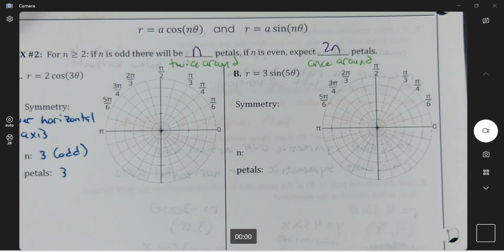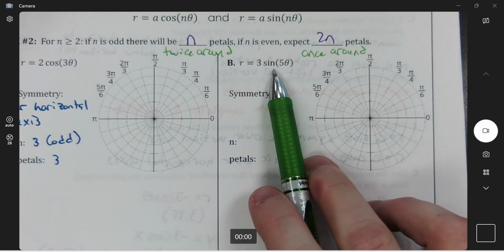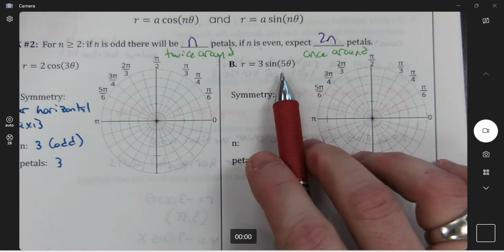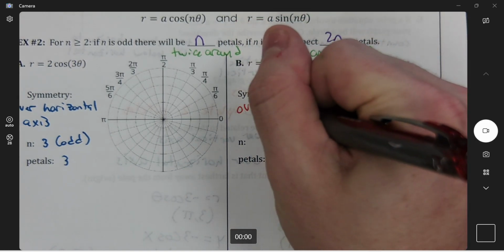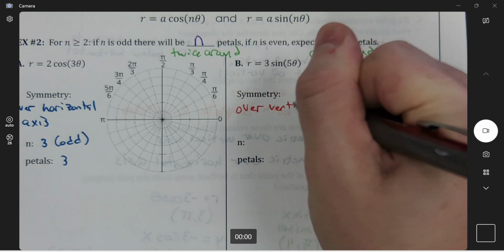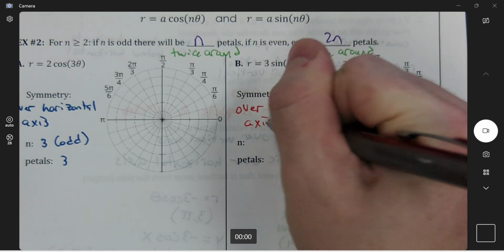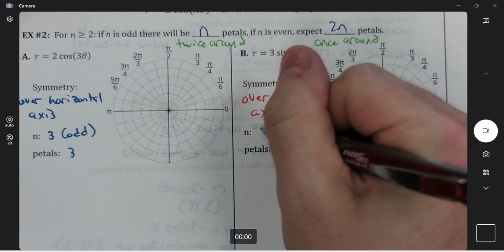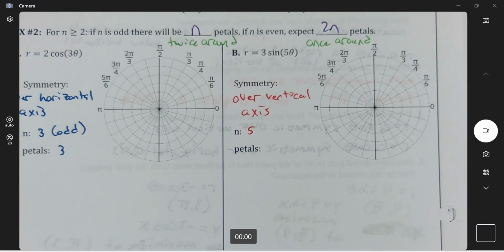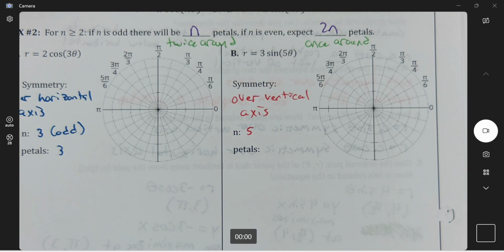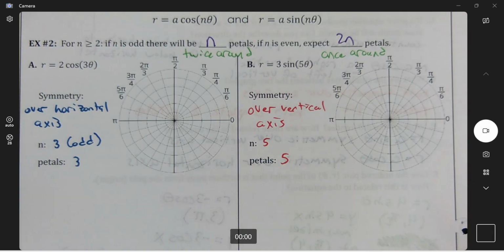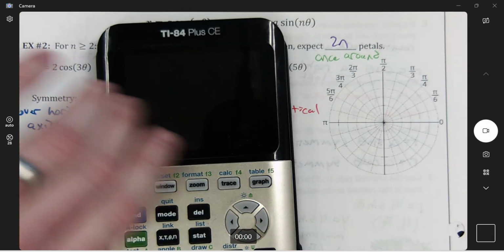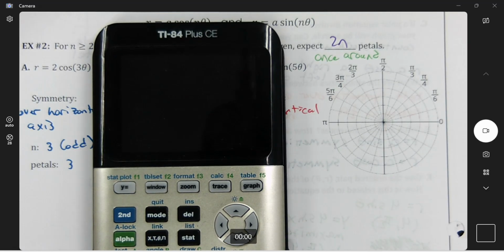Now to prove this point, this is a sine graph. And we expect our sine graphs to be symmetric over the vertical axis. In here is 5, which is an odd number. How many petals are we expecting this to have? 5 petals. I'm not graphing this by hand. We're going to do it on the calculator to prove the point.